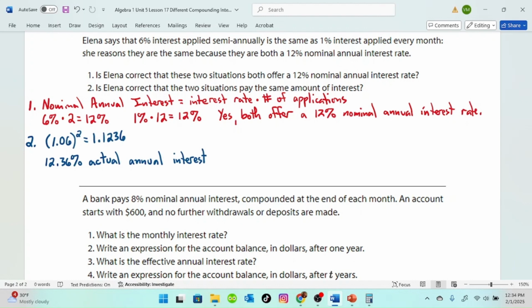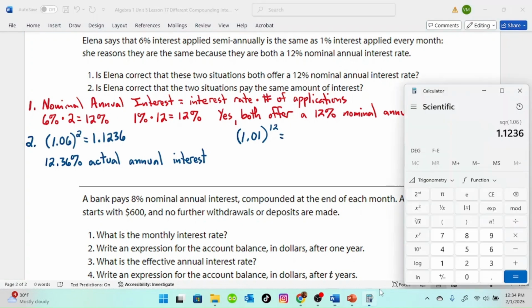The other one is going to be 1% interest. So that is a growth factor of 1.01. The first one maintaining the current amount, and the 0.01 representing the 1% interest. And my exponent is going to be 12 because we're applying it every month.